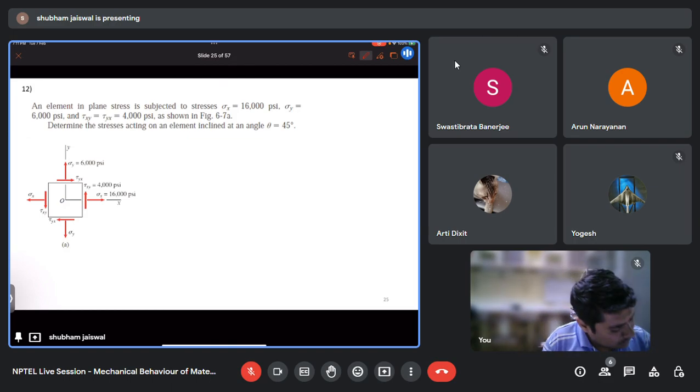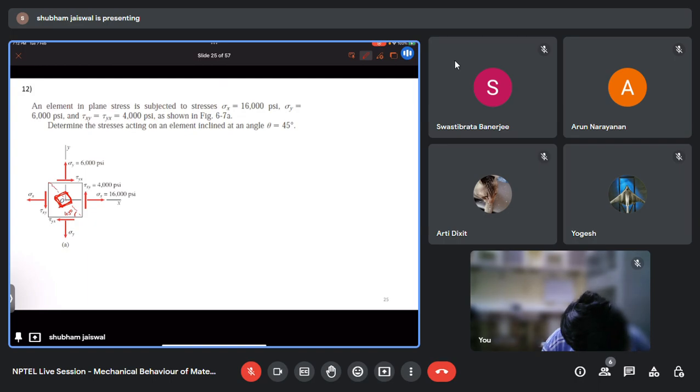So what they are asking in that: one element is there at an angle of 45 degree.